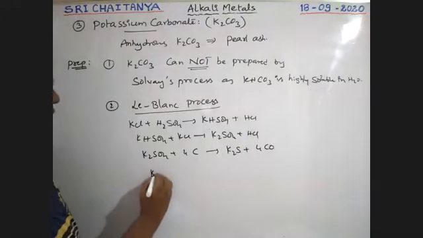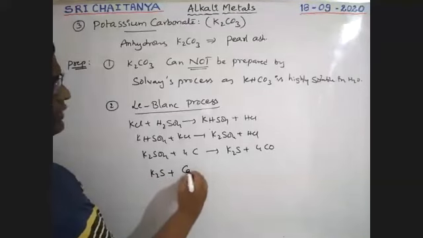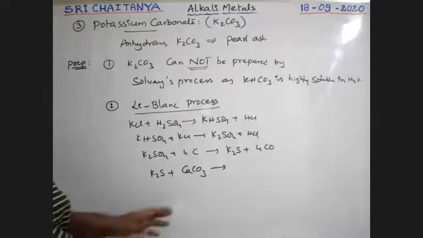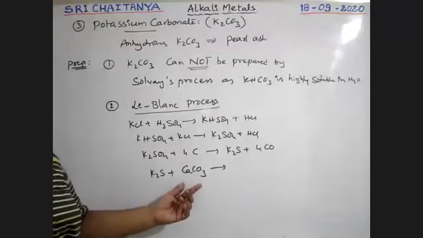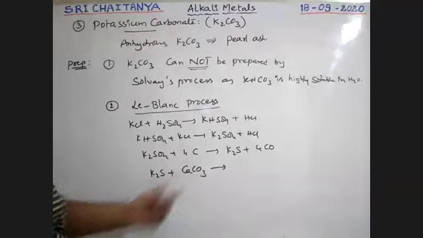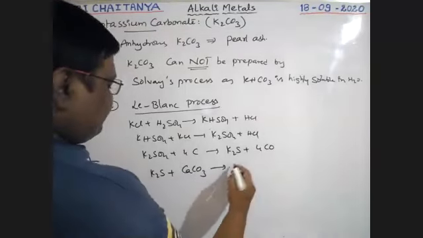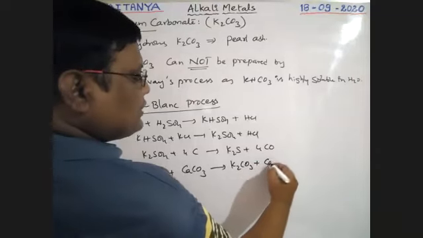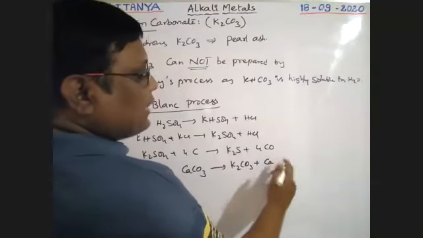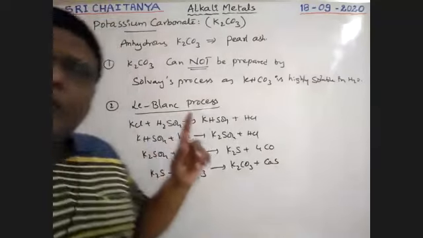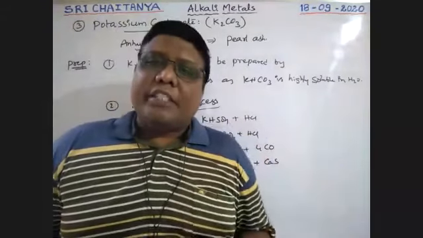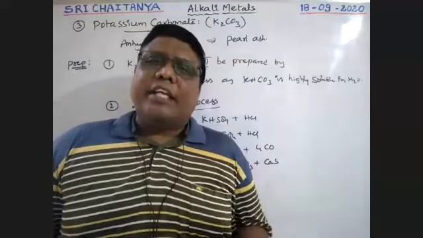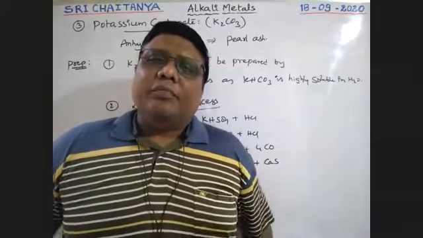This K2S formed reacts with CaCO3, that is limestone, to give K2CO3 plus CaS. Boys, in that preparation, Na2CO3 plus CaS mixture is called black ash.